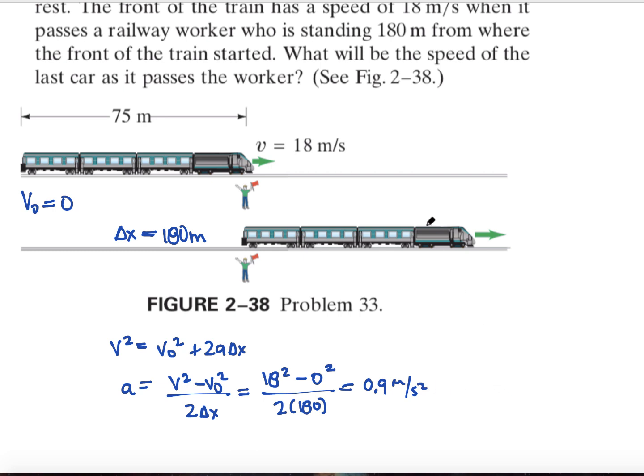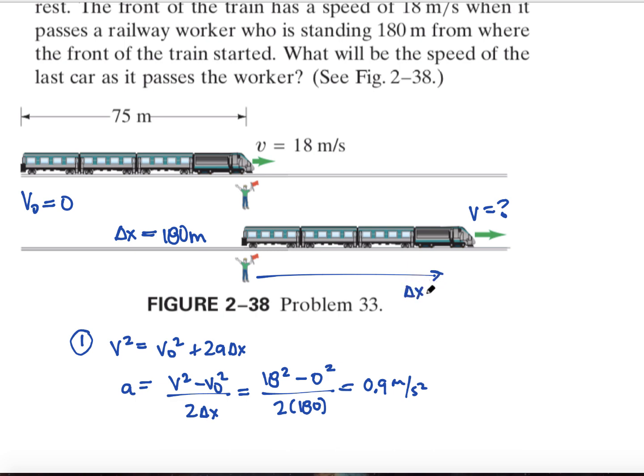Now, the actual question says, what will the speed of the last car be as it passes the worker? So really what's happening is this is for the front of the car to get to the worker. Now I want to know, what is this final speed when this distance has been traveled by the car?